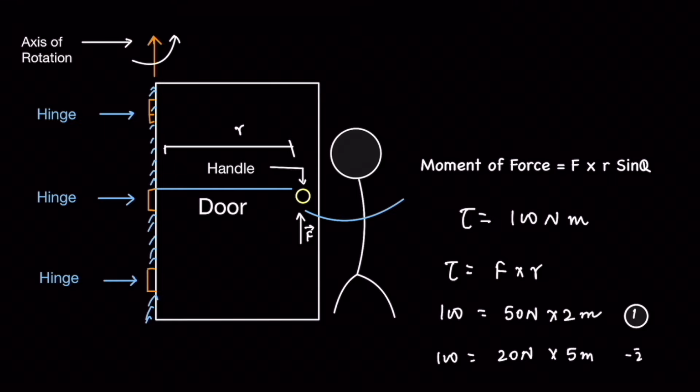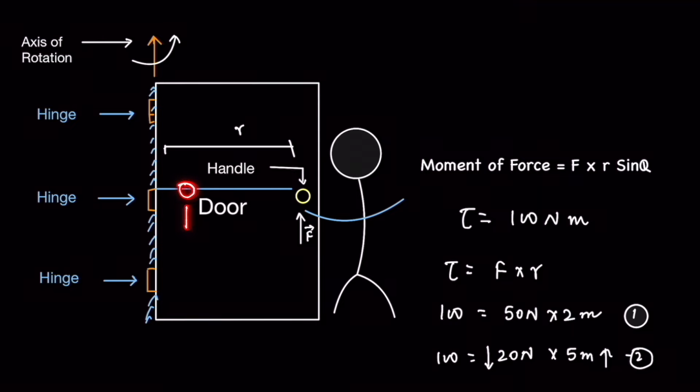As you notice here, when I increase the value of R, the force value decreases. So in this case the person will apply lesser force. But when the handle moves towards the axis, the force must increase. And on the axis, R is 0.